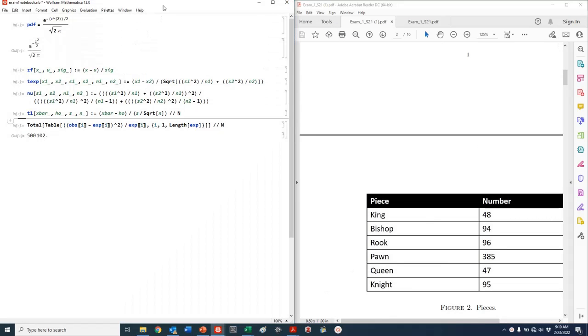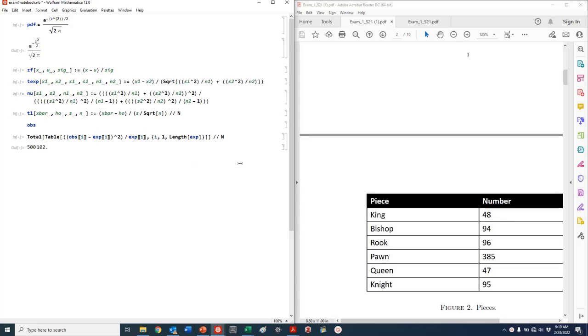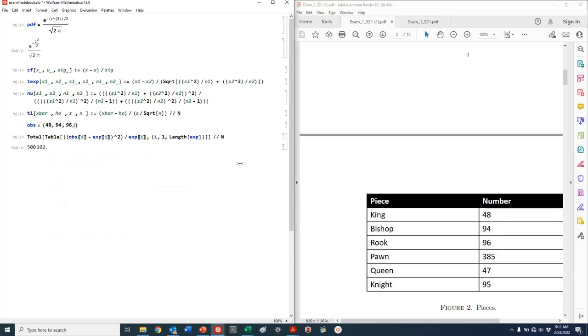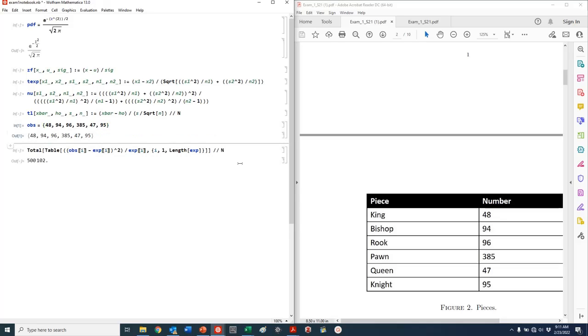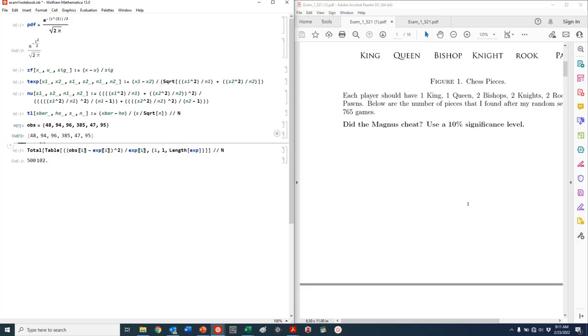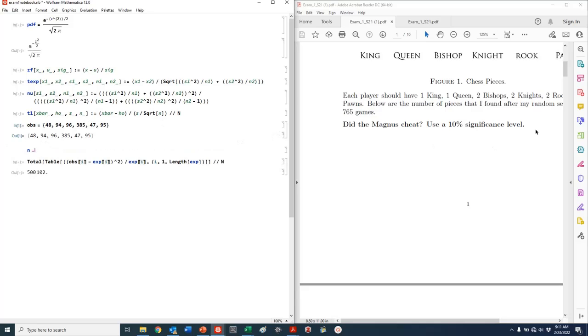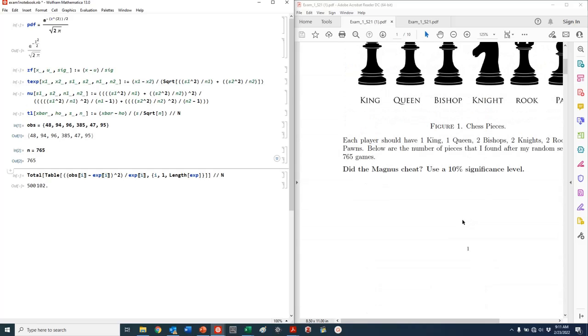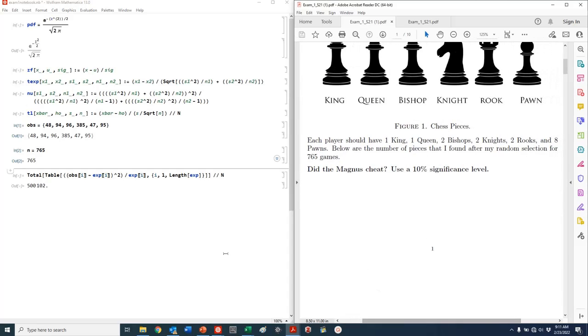Let's bring our Mathematica notebook over here that I prepared ahead of the game. For my observed values, I observe 48, 94, 96, 385, 47, 95. So that's what I observe. We played n equals 765 games, and I only select from Magnus's pieces.